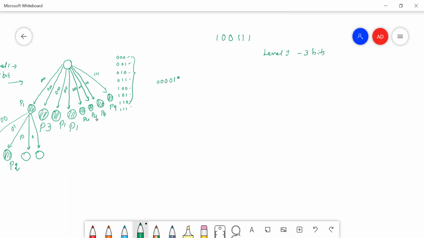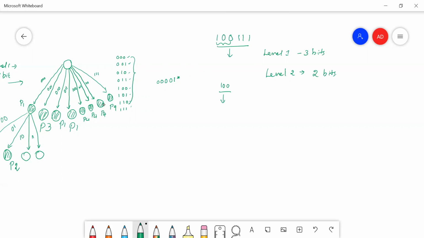And level 2 considers how many bits? It's 2 bits. Okay, so this is the incoming destination IP prefix. So this has to be divided according to the levels which have been fixed here. So the first level is divided into 3 bits. So first consider 100 alone. Okay, so with this 100, which route can you take from the root node?